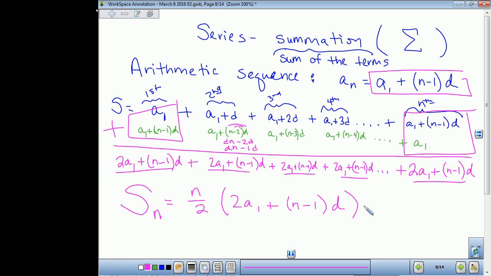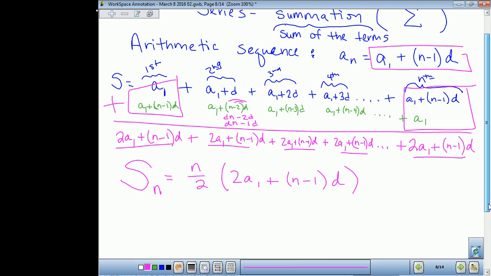Okay, write down the formula. Now this formula doesn't sound as neat as what Ben was saying a minute ago.